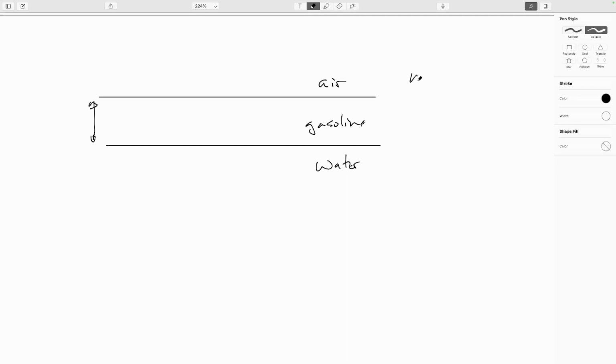So the index of refraction of air is about 1. The index of refraction for gasoline is about 1.4, and for water is 1.33. Okay.